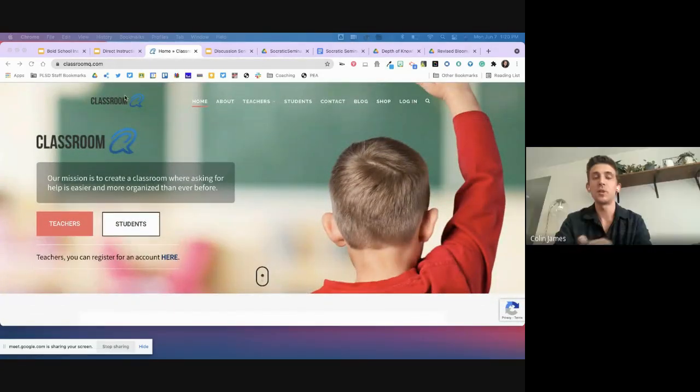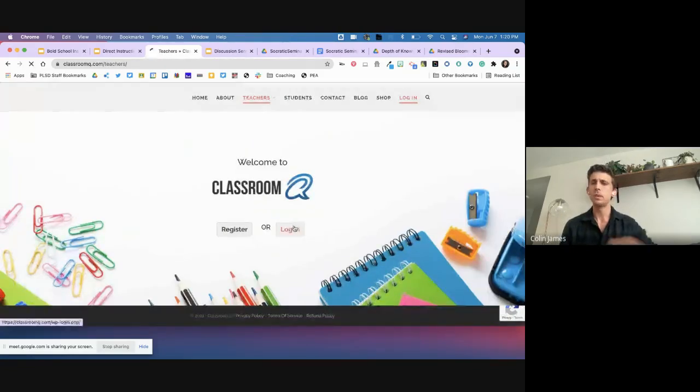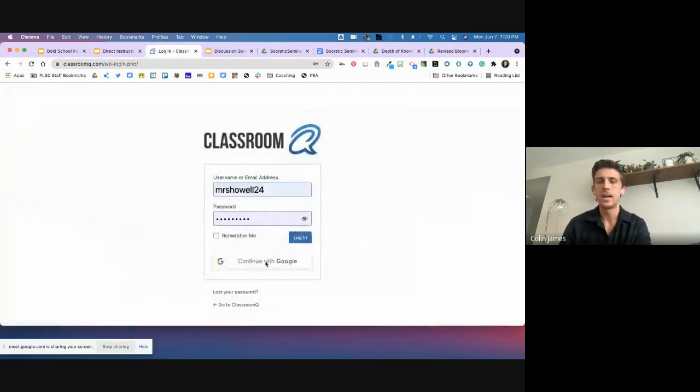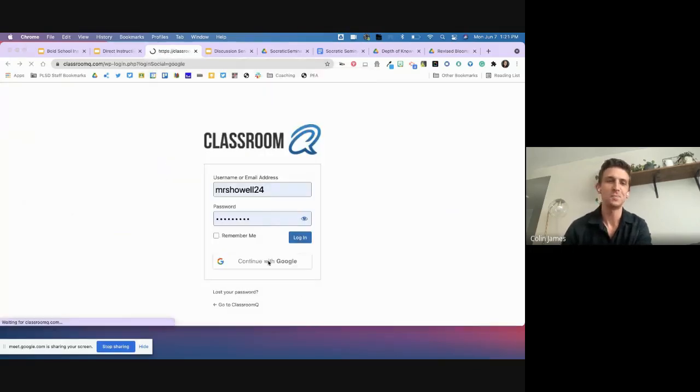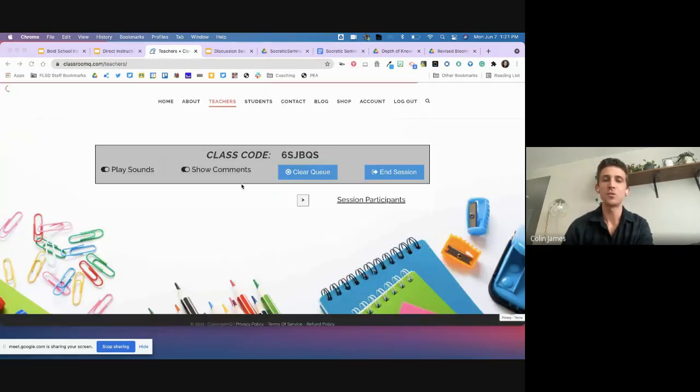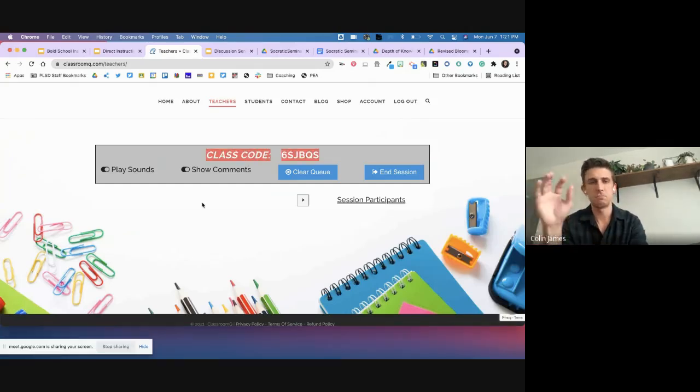This was a great tool I used mostly during student work time, but it's super easy to set up. Oh, great. Are you going to sign in for me and everything? Awesome. This is a great tool to use. Students enter the code and then they can just join if they need your help.